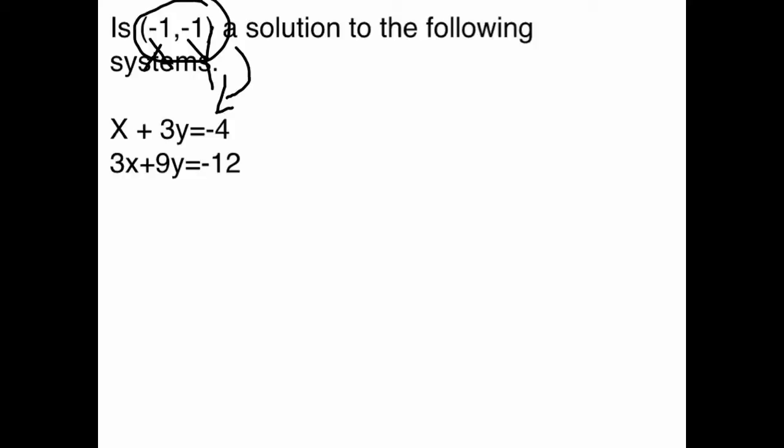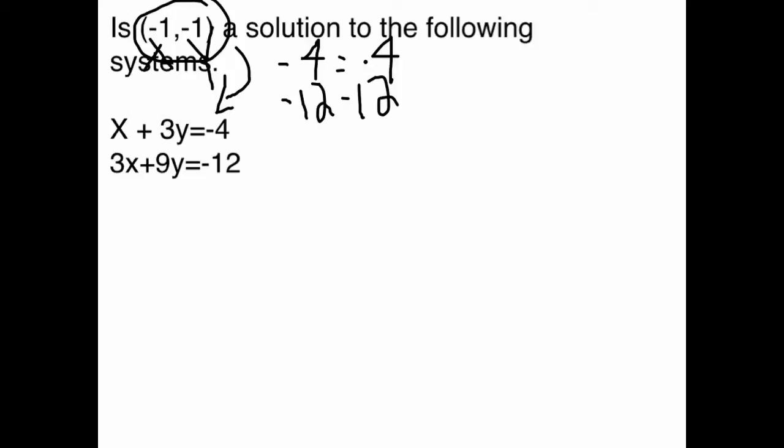And again, it has to work on both equations for the coordinate point to be a solution. So my first equation, I want -4 to equal -4 on both sides. In my second equation, I want -12 to equal -12 on both sides.